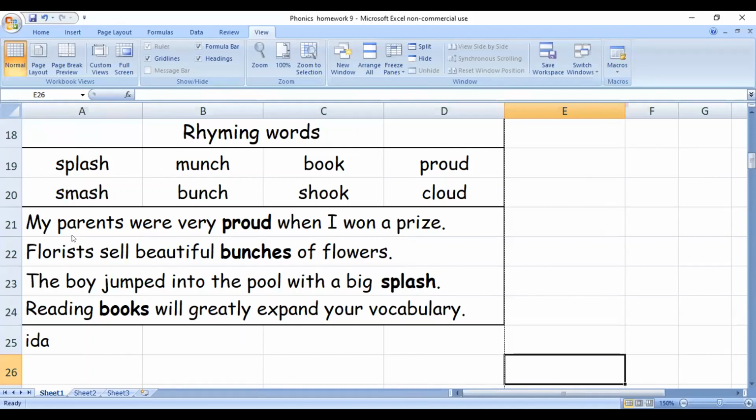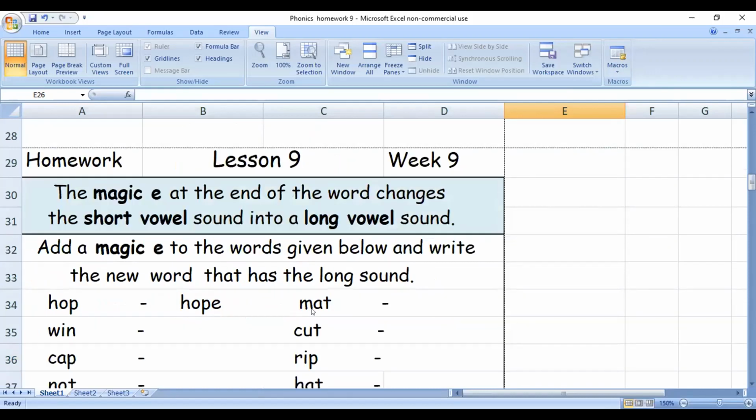Okay. Now, as I made these sentences, you also try and make sentences out of them as homework. All right. I'm going to explain the homework now. So lesson 9 homework. The magic key at the end of the word changes the short vowel sound into a long vowel sound.